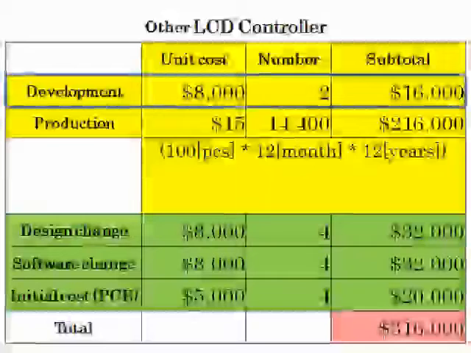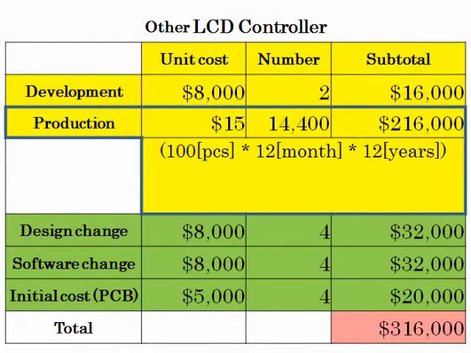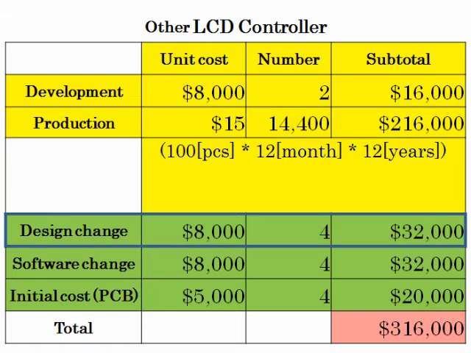Development costs for LCD part $60,000, 2 man months. Production cost for the display circuitry minus the LCD $15 by 100 pieces times 12 months times 12 years equal $216,000. 4 design changes while producing for 12 years equal $32,000.